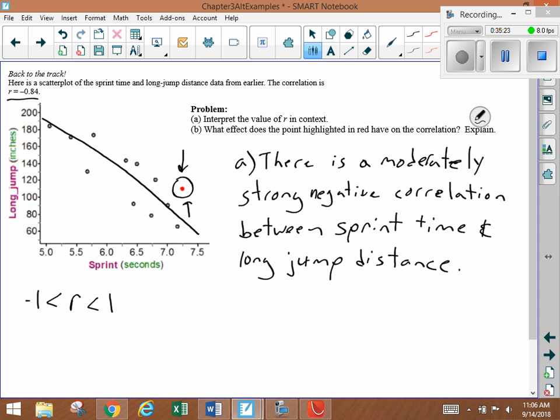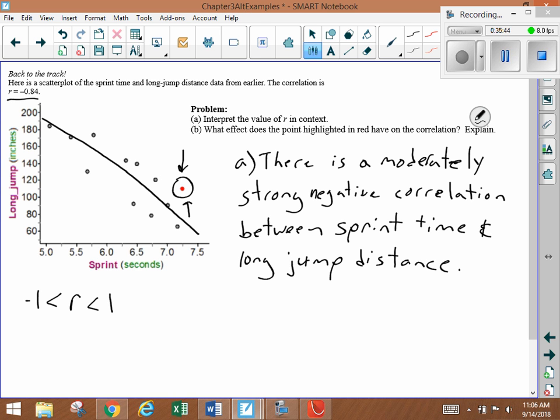So this is actually taking it away from a correlation of 1. So this point should be decreasing your correlation, making it closer to 0. So decreasing your level of correlation, right?